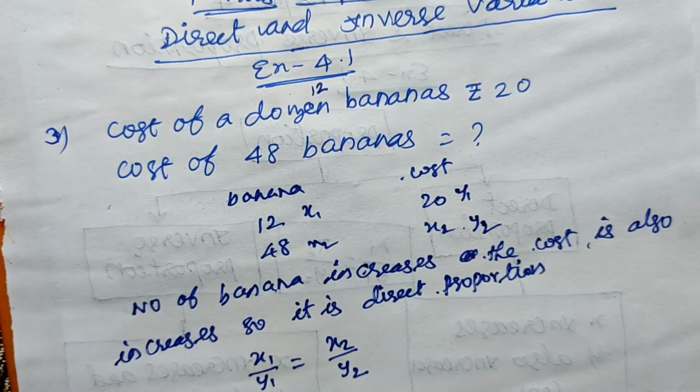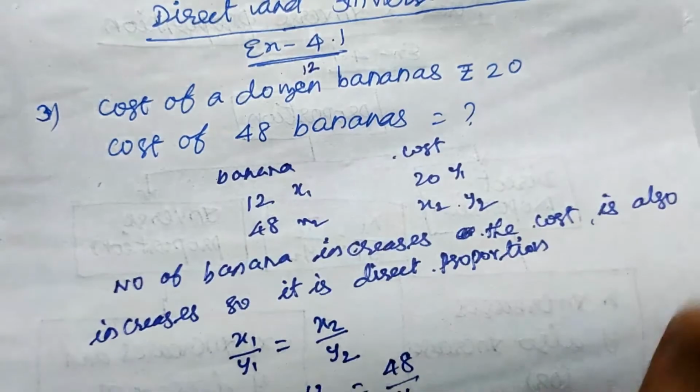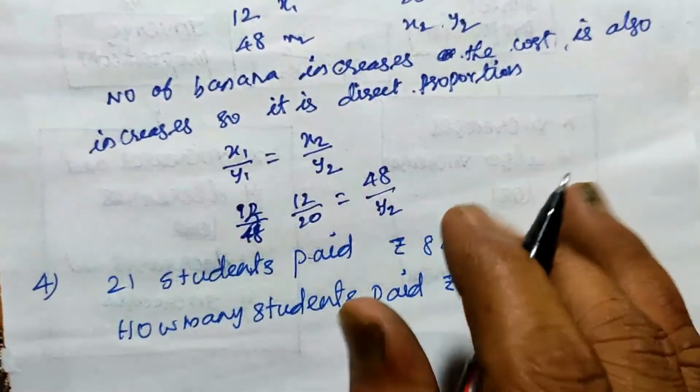So 12 divided by 20 equal to 48 divided by, what is that? y2, right?